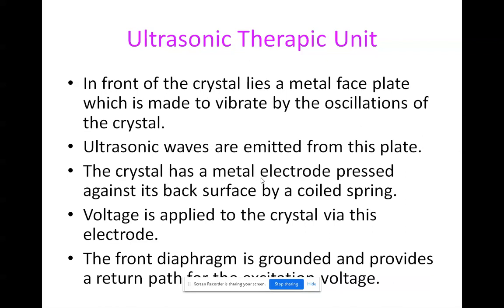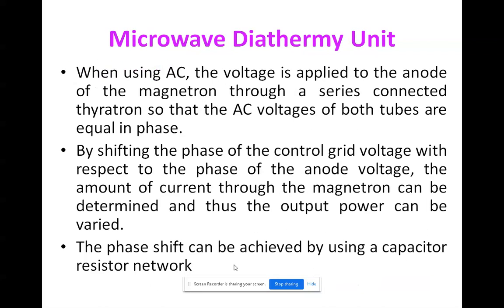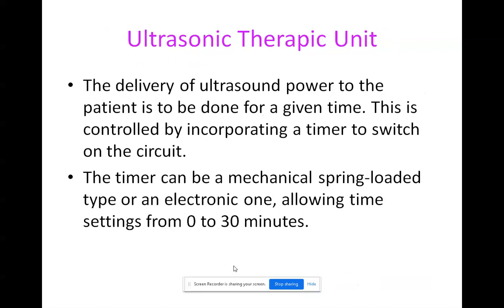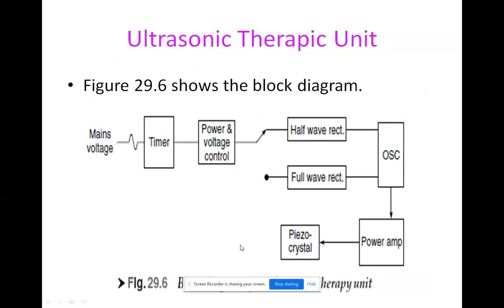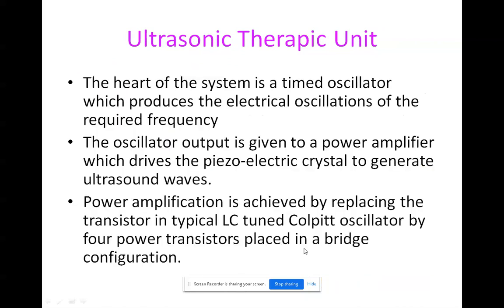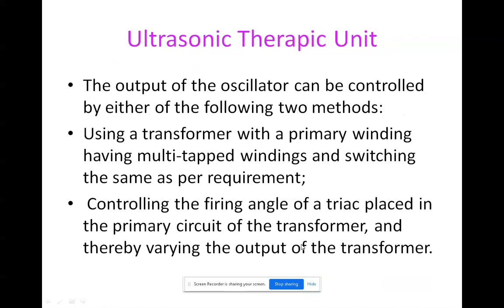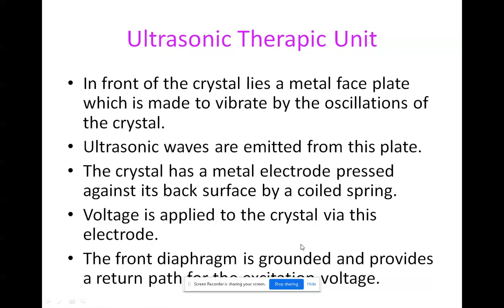So in front of the crystal lies a metal face plate, which is made to vibrate by the oscillations of the crystal. So before the crystal you will be having the metal face plate, which will be vibrating with your oscillator output.